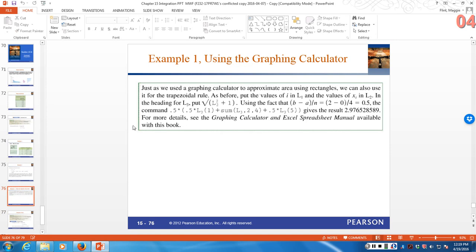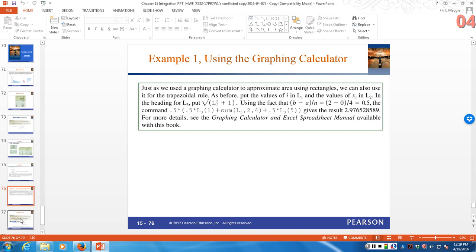But if you can use the calculator, you could just as well do it the way we did with rectangles. You just put in the formula and use the fact that the interval is b minus a divided by how many rectangles, and use the command to sum up whatever is in list 3.